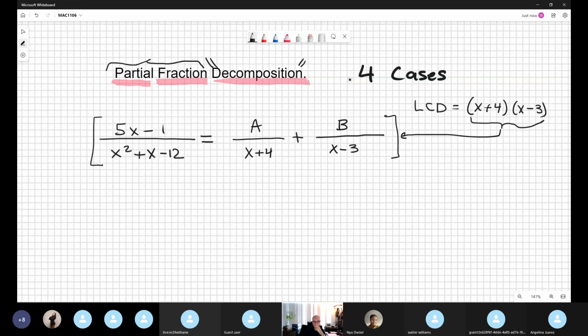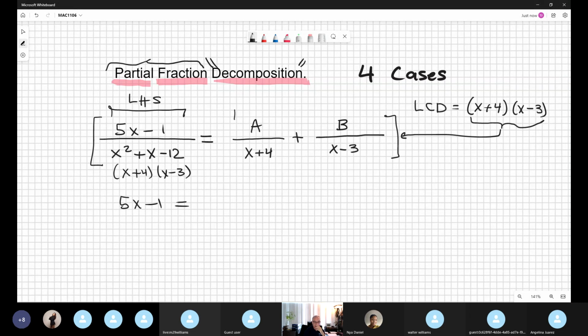It's obvious that when you multiply the LCD times the left-hand side, this is equivalent to x plus 4, let me copy, x minus 3. You remember the factorization we did before, no? Thus everything is cancelled and stays alive only 5x minus 1.